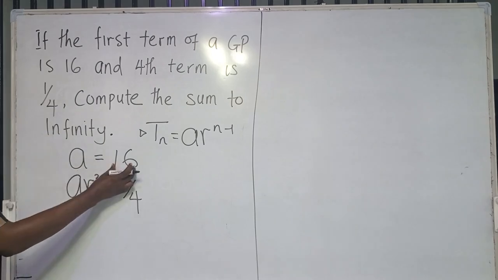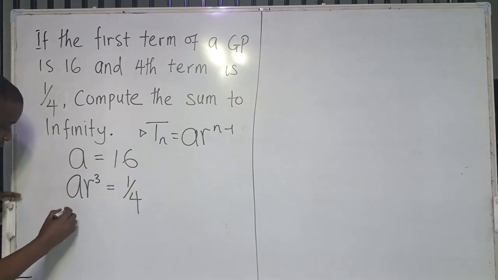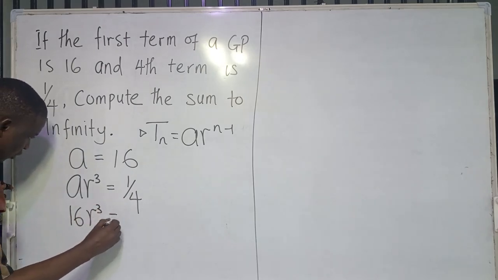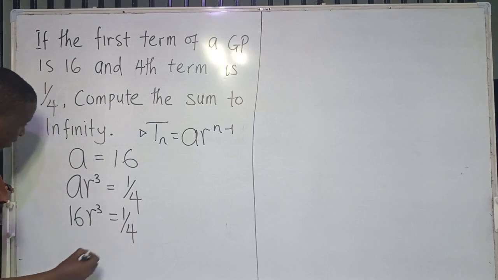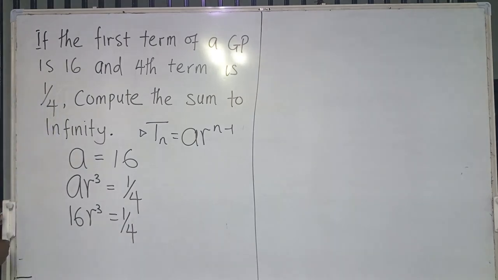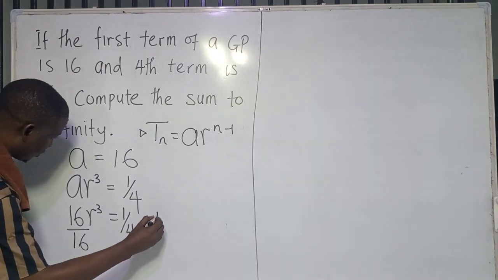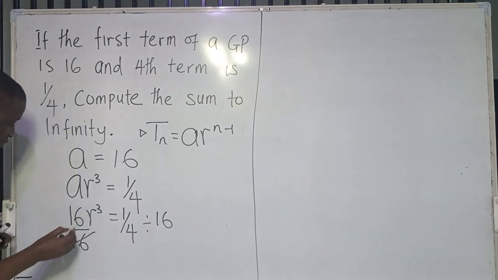We already have our a to be equal to 16, so put it here: 16r^3 equals 1/4. After doing that, divide both sides by 16 to make r cube the subject, so this cancels this.